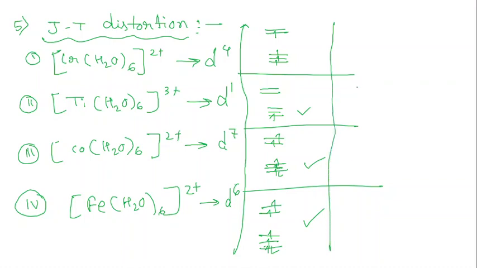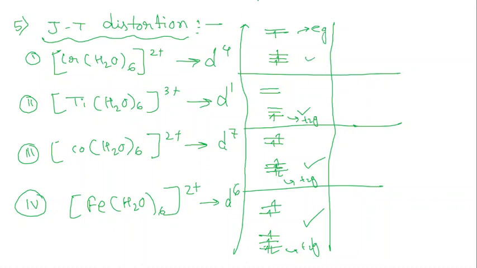This is one question. Another question is where the Jahn-Teller distortion will be strong. Here you can see the unsymmetrical distribution of electrons in the t2g set. Here it will also be t2g, here t2g, and here it will be eg.